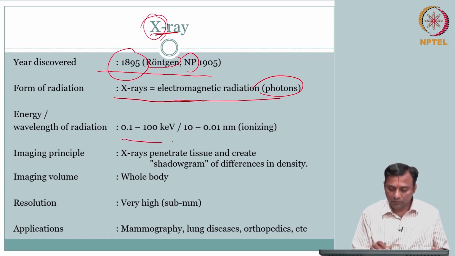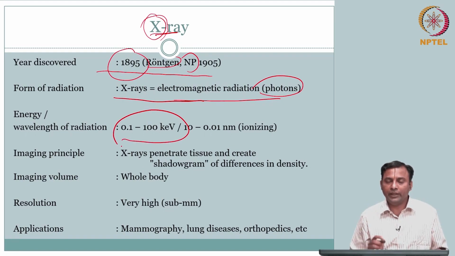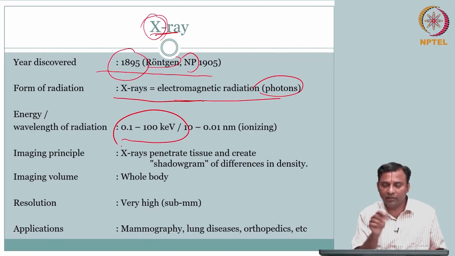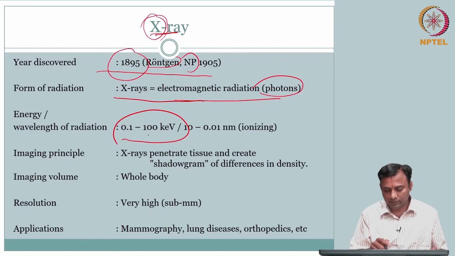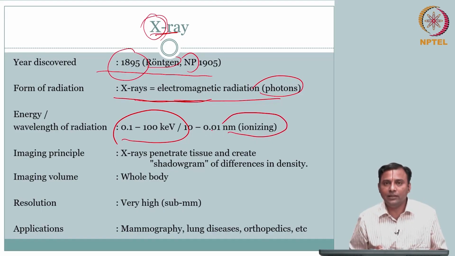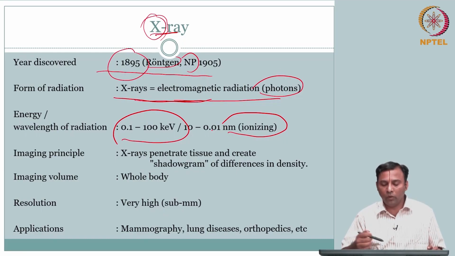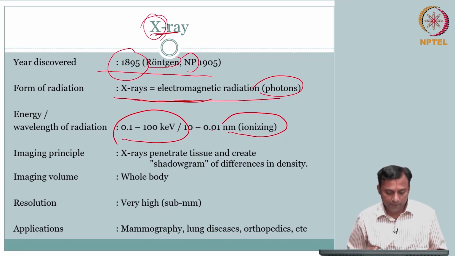In the electromagnetic spectrum that we saw earlier, there was a frequency axis, there was wavelength, there was energy, right. So you can locate this on that axis. So this is ionizing. Okay, what it means to be ionizing, we will go into, in fact that's what we will start with when we start the modality.